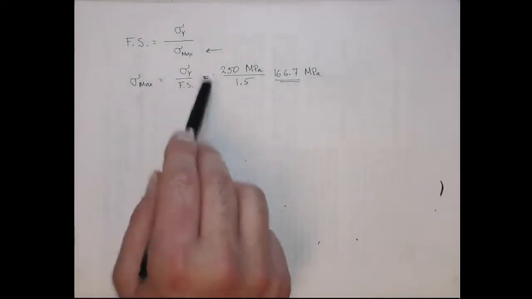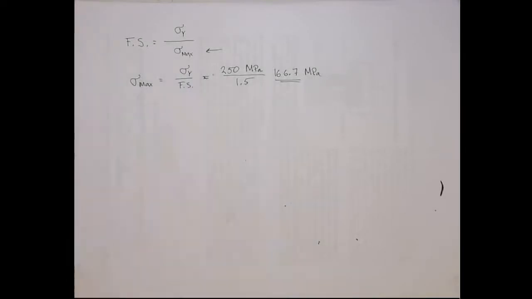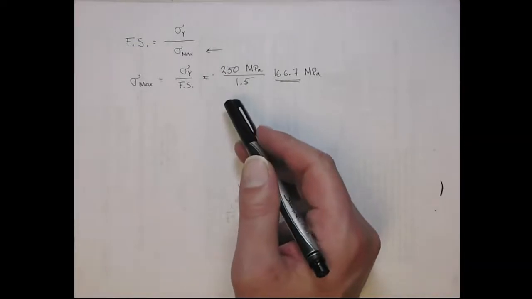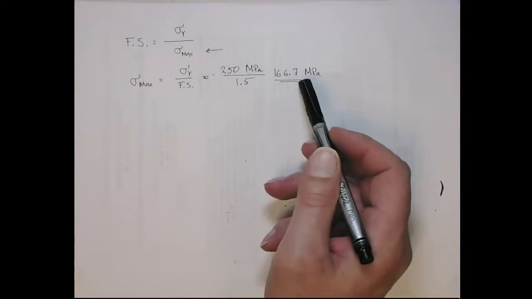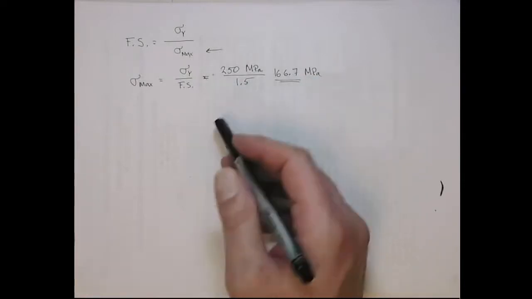Factor of safety takes into account some of these other intangibles that you haven't accounted for. It gives you a little margin of error. The other way you can use factor of safety is, you know the yield, you have a design, you can figure out the max stress, and then back calculate a factor of safety. Hopefully your factor of safety is greater than 1.